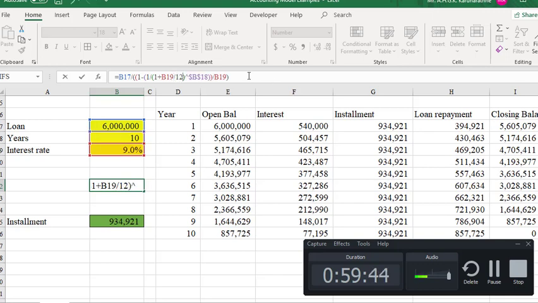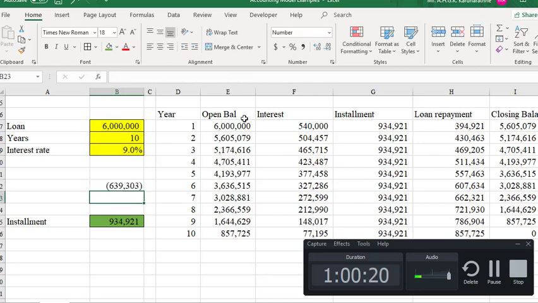You can see here in the address bar, I am dividing this r, represented by cell B19, by 12, and n should be multiplied by 12. Don't worry about this, I'll teach all of it later. I'm just showing you what is meant by accounting modeling, right? So multiply this by 12. We'll apply it and see.